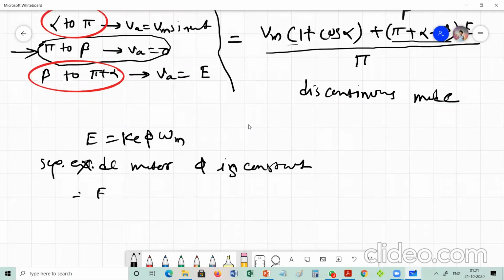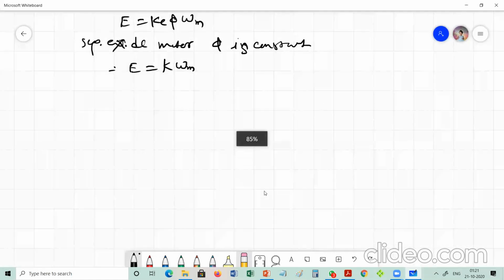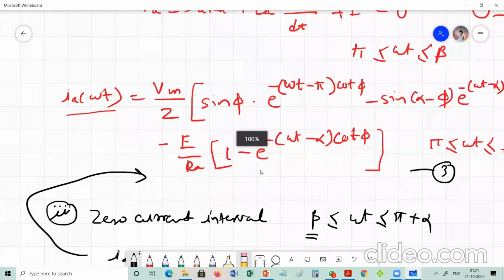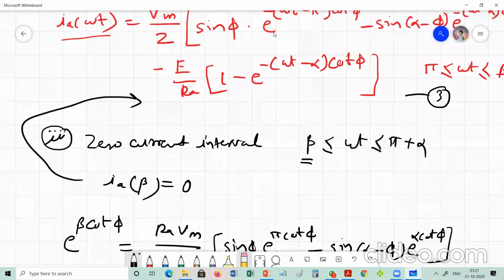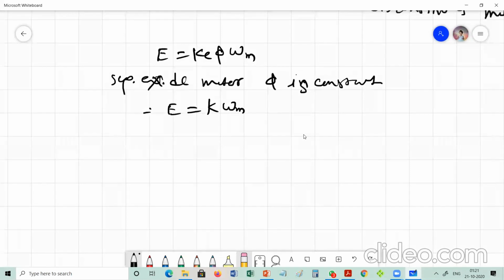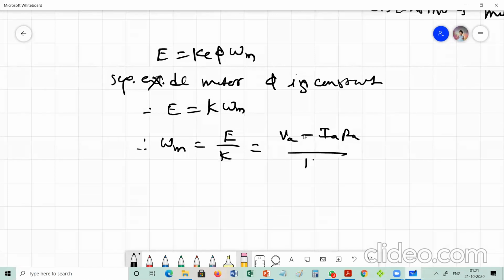Therefore, E is equal to K ωm. Ke φ becomes equal to a new constant K. Therefore, ωm is equal to E by K, and E is equal to (VA minus IRA) by K.